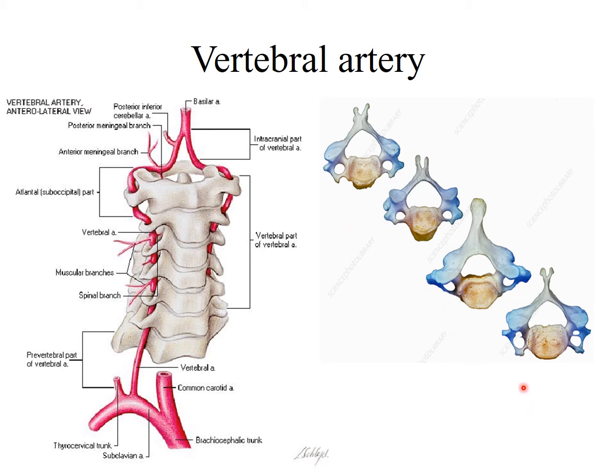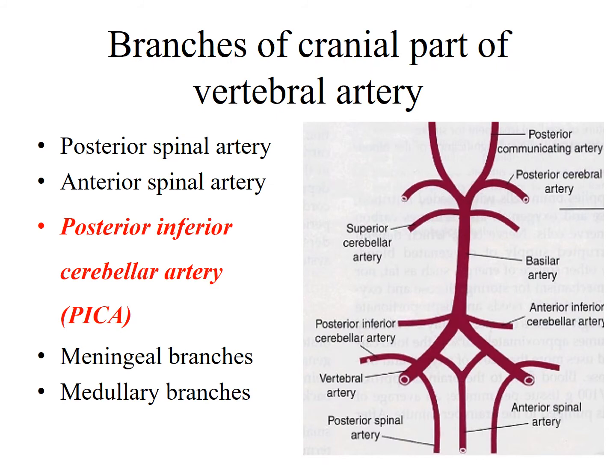This vertebral artery travels through these foramina and comes out of the foramen transversarium of the atlas, then winds around the body of the atlas, then joins with the fellow vertebral artery of the opposite side and unites to form the basilar artery.